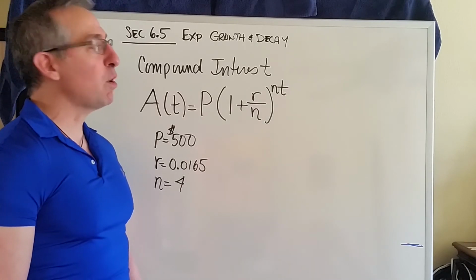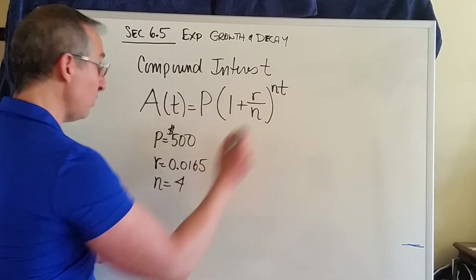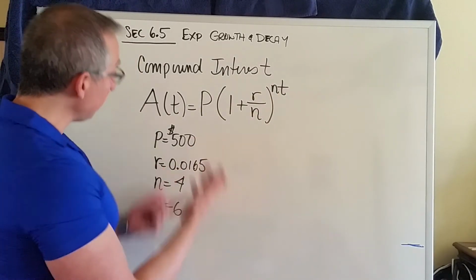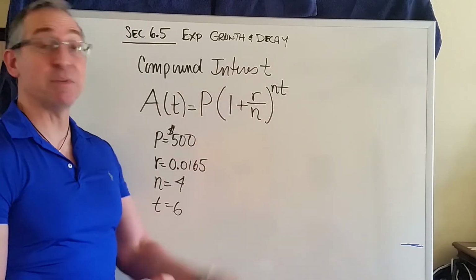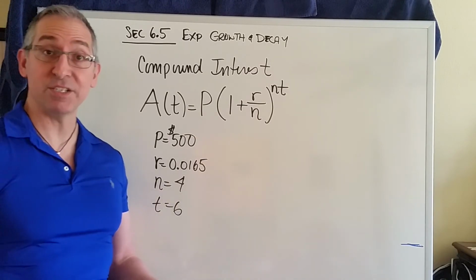And let's say you want to know how much is going to be in the account after 6 years. So t will equal 6. Okay, so what you do is you take all these values over here, you force them into the function, grab your calculator, and determine how much money is going to be in the account after 6 years in this case. So here's what it looks like.